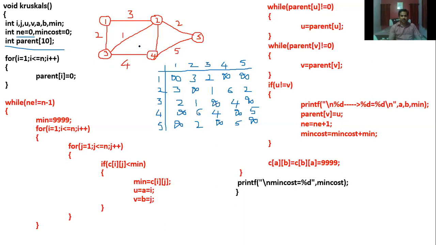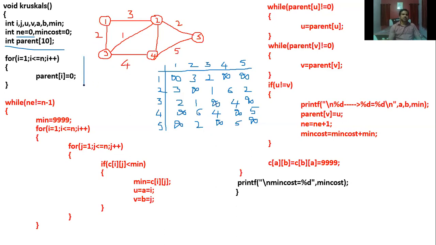In this example, the number of vertices is 5, and obviously in your spanning tree, the edges are going to be n minus 1, that is 4 here. For those 4 edges, the cost will be identified, and also we need to identify which edges they are.